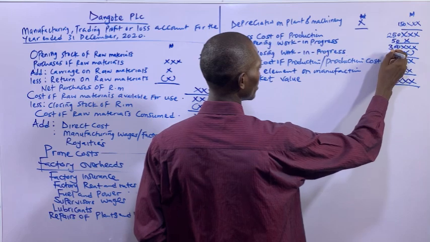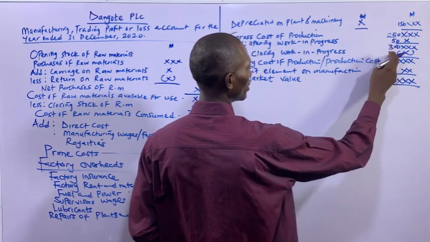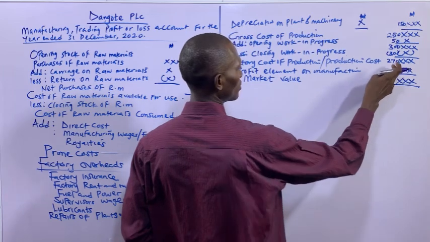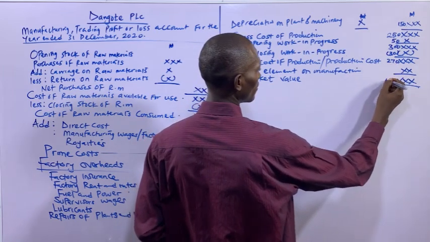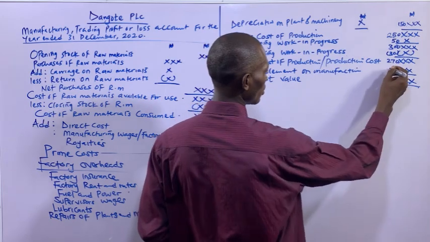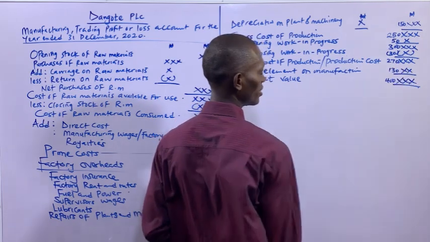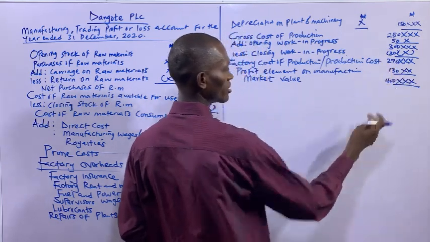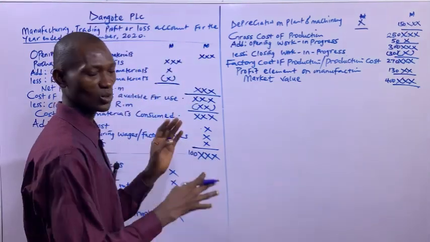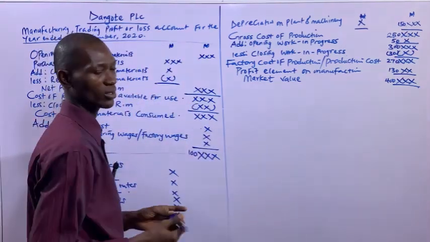Then 300, let's say this is 30. 300 minus 30, that's 270. Then let's say the market value is 400. So 400 minus 270, that's 130. So our profit is 130. So 270 plus 130 will give you 400. I'm just trying to denote it so that you know how everything works.